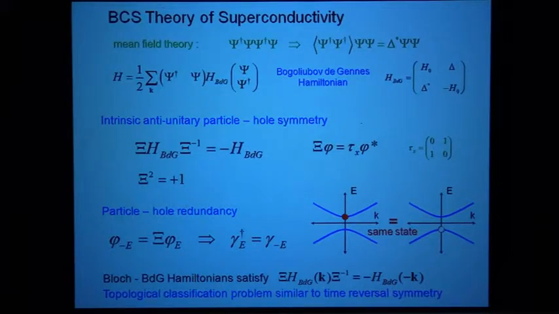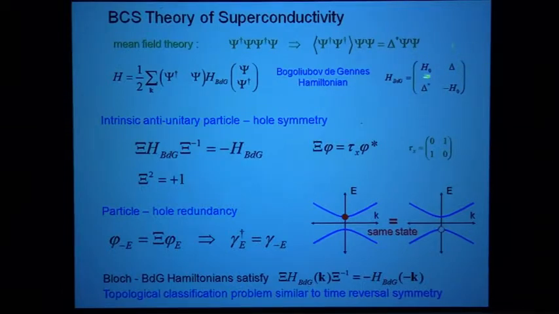So now I have this Hamiltonian, and in a superconductor there's an energy gap. It has a conduction band and a valence band, just like the ordinary band structure that I've been talking about all along. But the price that I paid is that I made this artificial doubling.